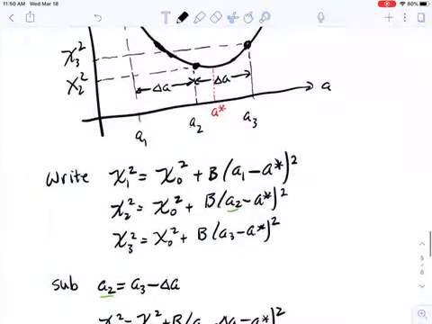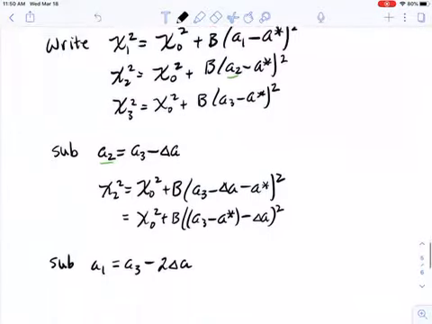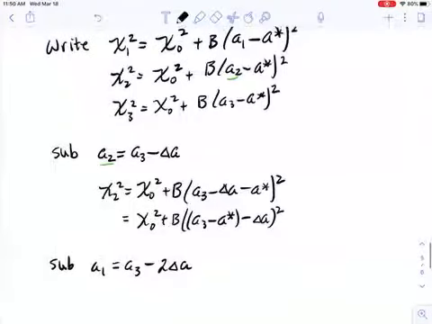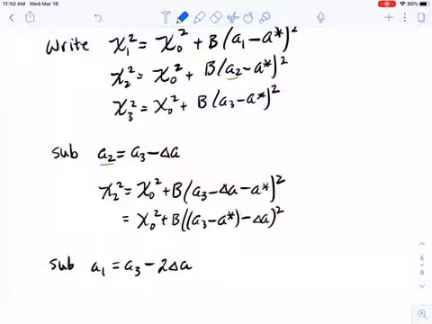So if we go from A3, and then we subtract delta A and subtract delta A again, we get to A1. And we're going to take this expression, and we're going to sub it into right there.